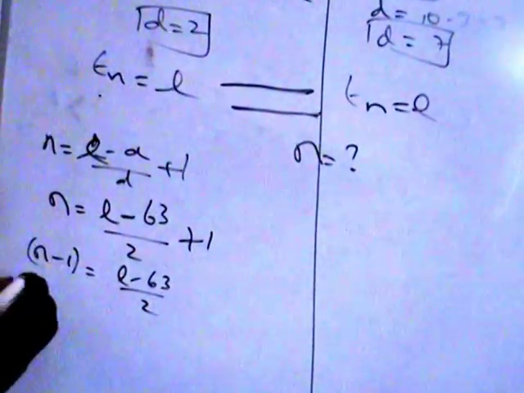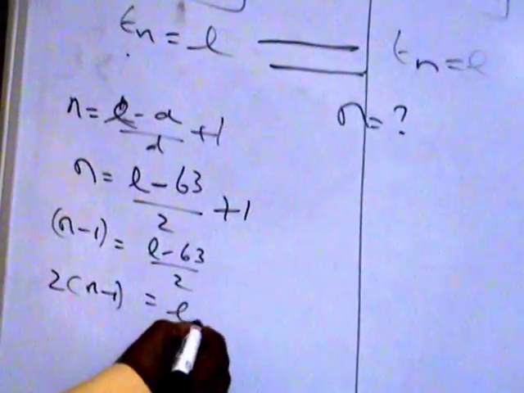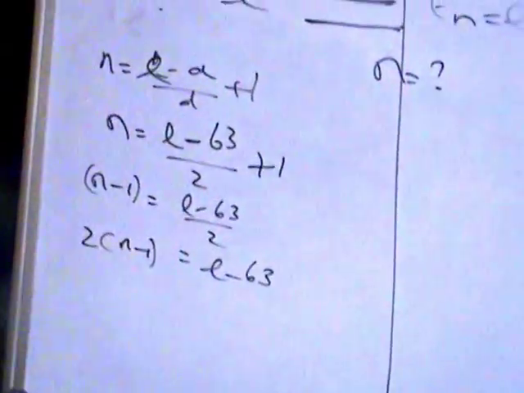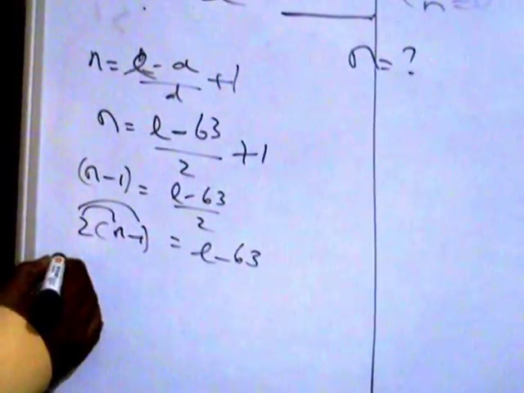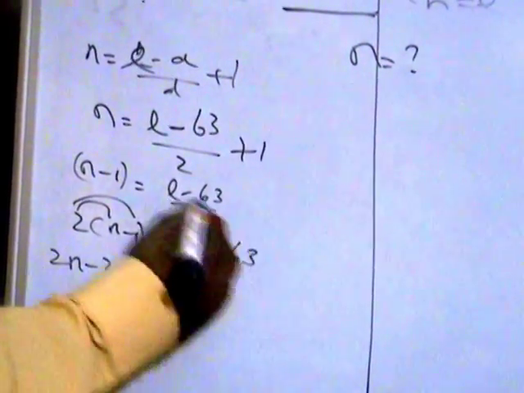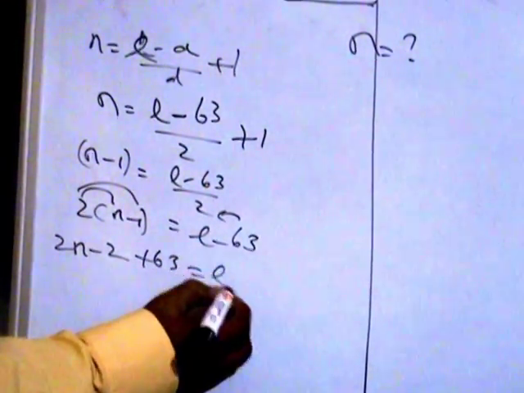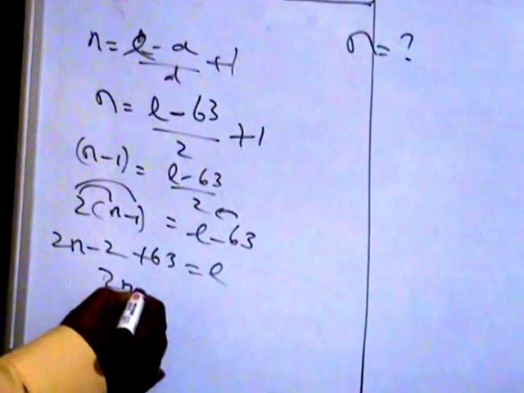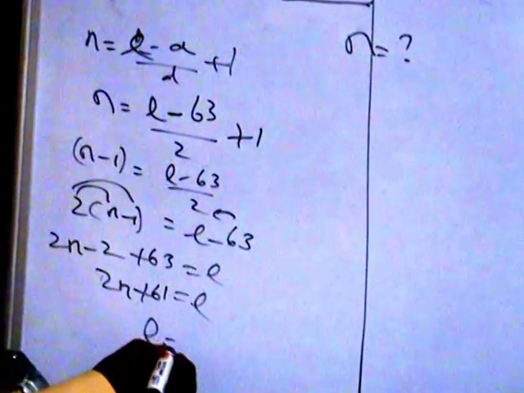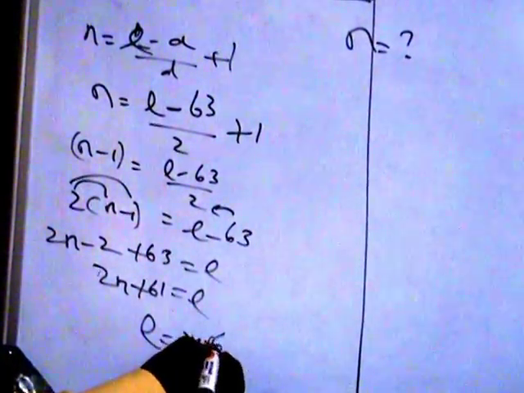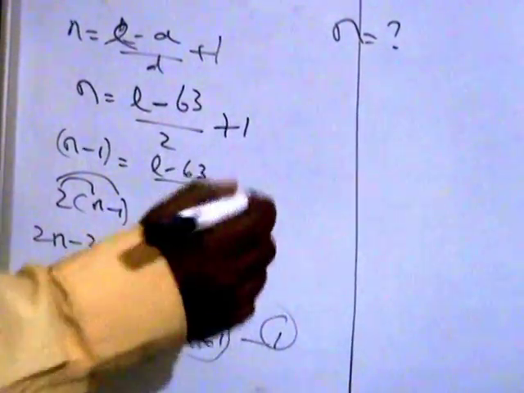Now take the 2 that side. 2 into n minus 1 is equal to L minus 63. Now when you expand, you get 2n minus 2, bring the 63 also this side, plus 63 equal to L. You get 2n plus 61 equal to L, or L is equal to 2n plus 61. Call this equation number 1.